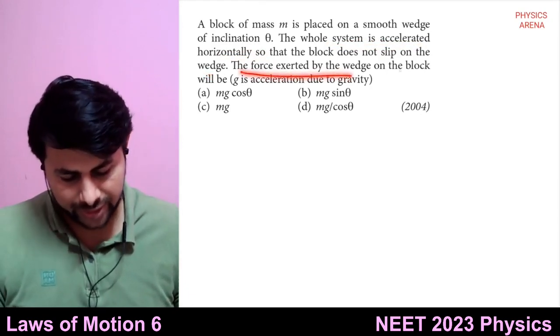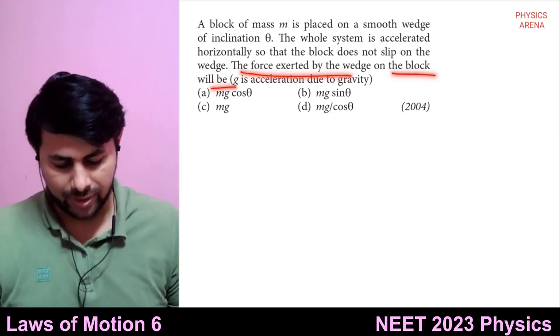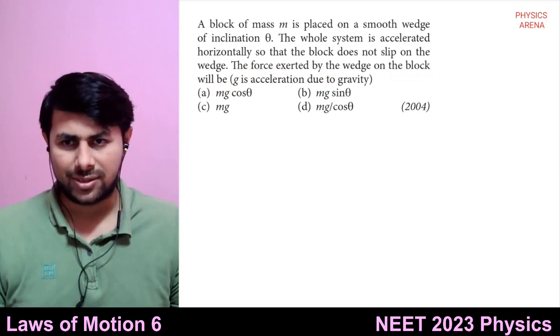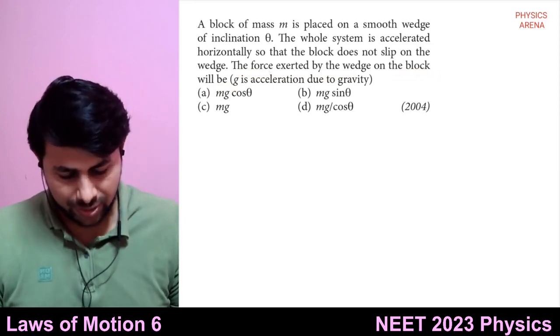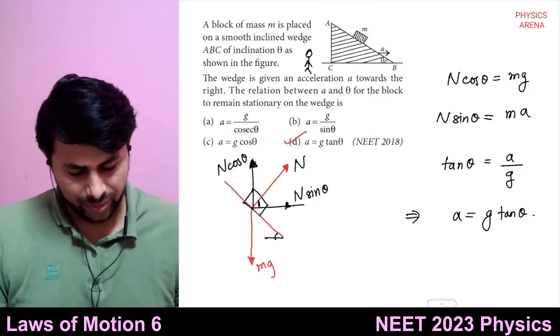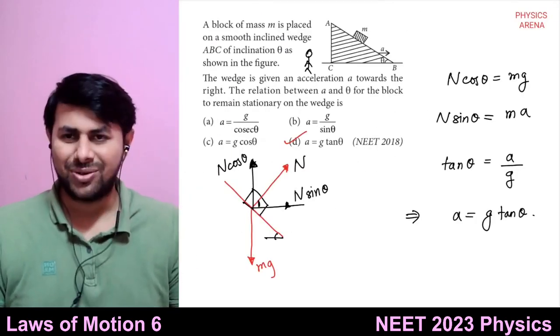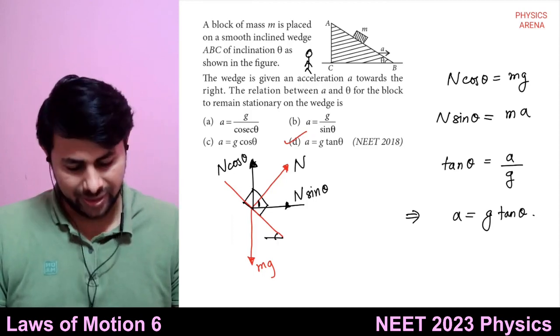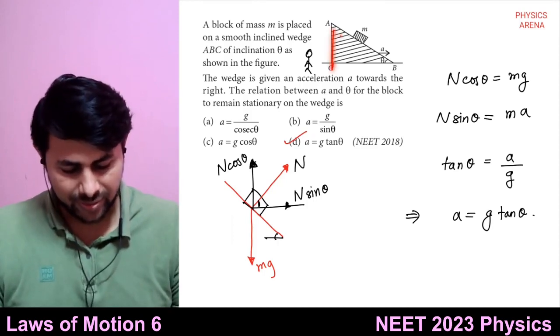The force exerted by the wedge on the block will be. So in the earlier case, what was asked? The acceleration was asked. In this case, the force exerted by the wedge on the block is asked. Okay, so can you tell me, looking at this problem, what would be the force exerted by the wedge on the block?